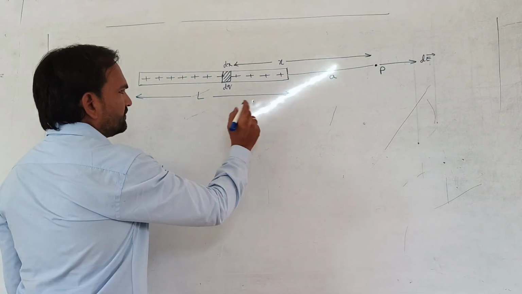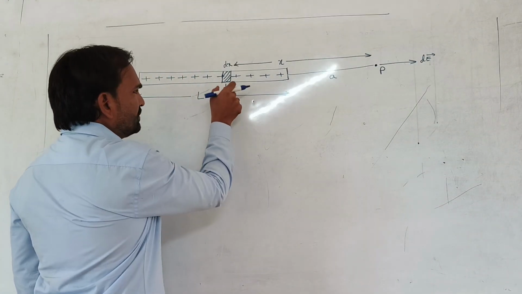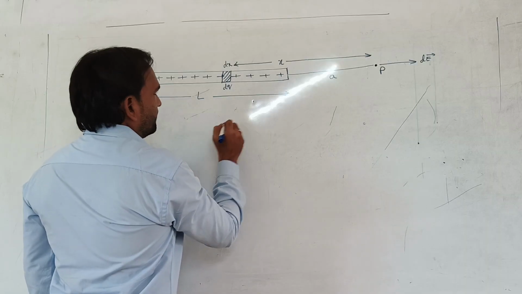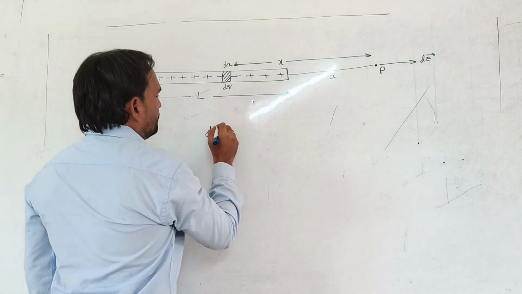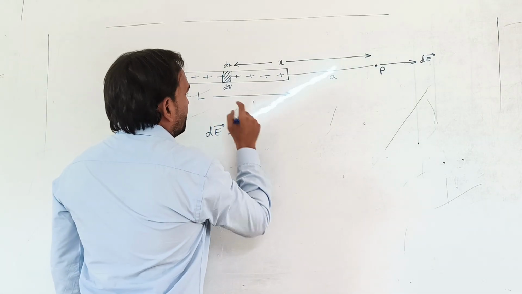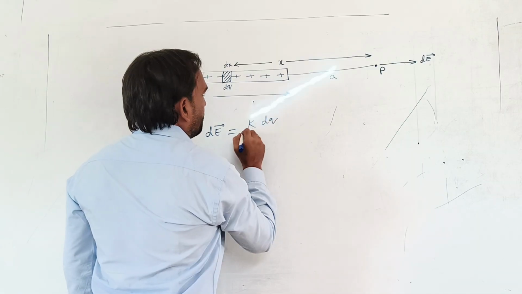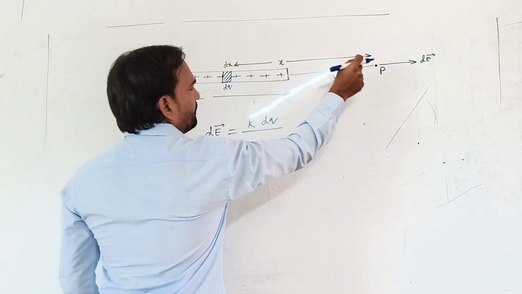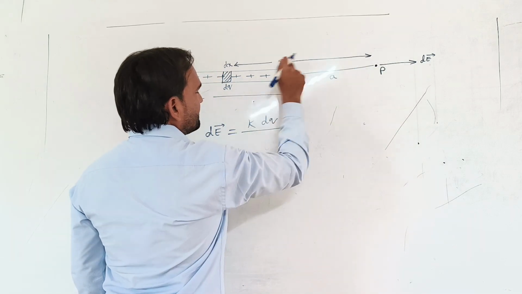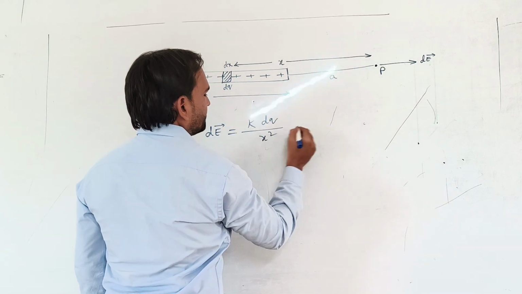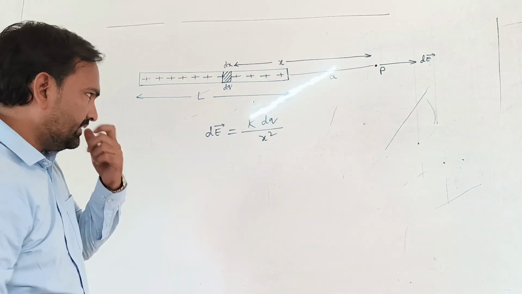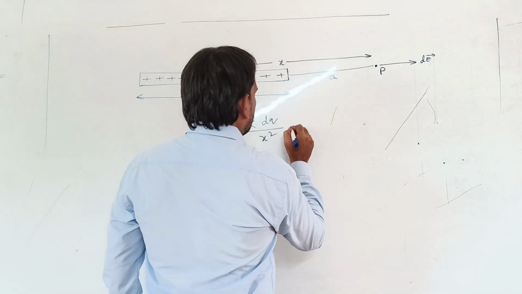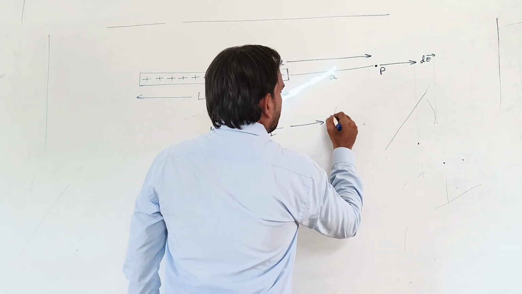Right now, first of all we find the electric field intensity due to this point charge at this point. dE is equal to k dq by the square of the distance between this point charge and point P. The distance is x, that's why x square. It's very important: dE is equal to k dq by x square.